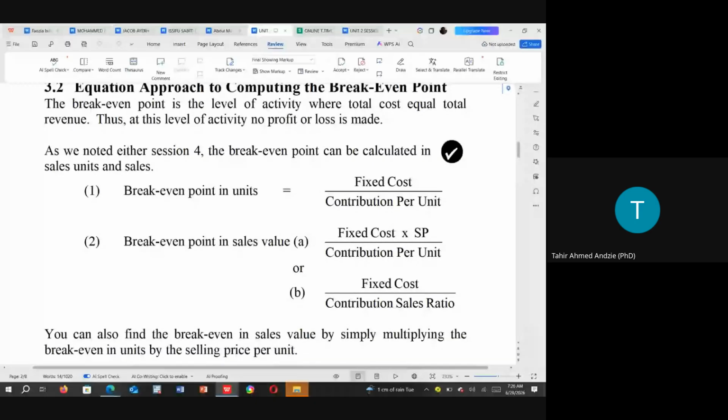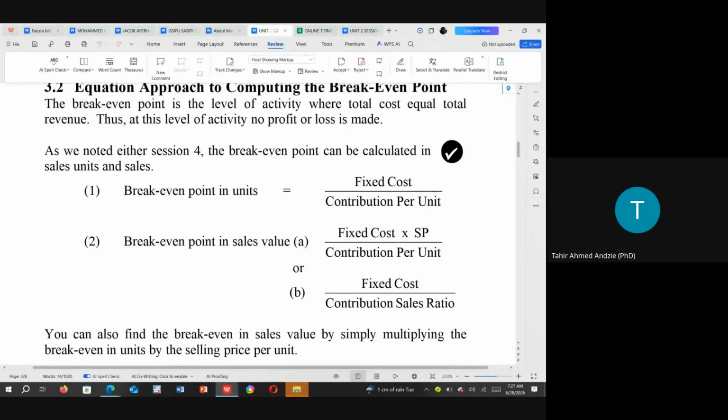So from the calculations that we did from the equation, break-even point in units is equal to fixed cost over contribution per unit. And if you now want to get the break-even point in sales value, we just have to multiply the equation by the selling price.